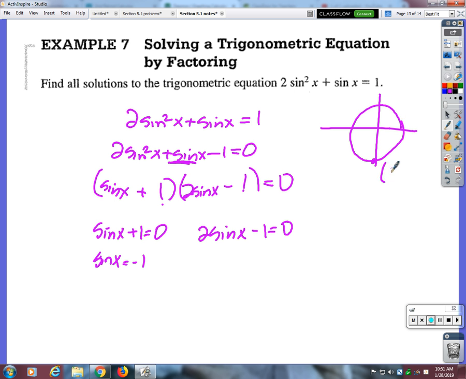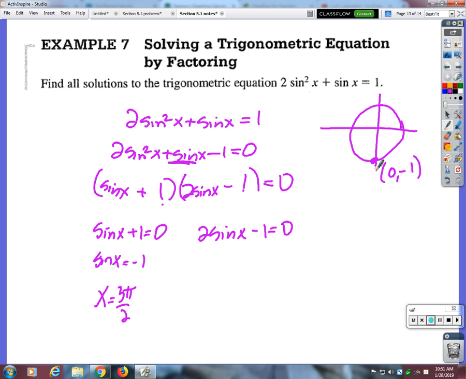Right down there at 0, negative 1, which is 3 pi over 2. The y is negative 1, but the x is 0 because I'm on the y-axis. Because I went 1, 0, 0, 1, negative 1, 0, 0, negative 1.